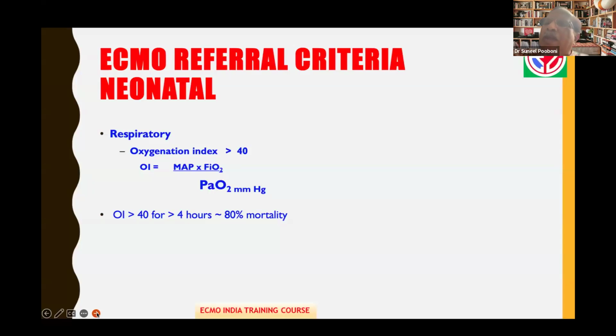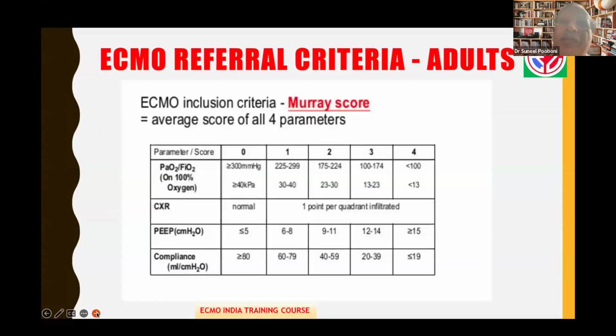It correlates with 80% mortality. So these patients are definitely indicators for going on to ECMO. But the physician can guess the speed or rapidity of deterioration of the patient also, and that has a lot to tell you about who needs ECMO and who doesn't.